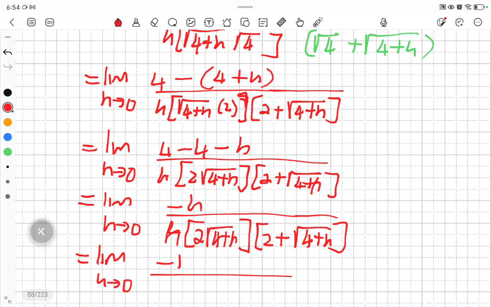Minus 1 over 2 root of 4 plus h times 2 plus root of 4 plus h.